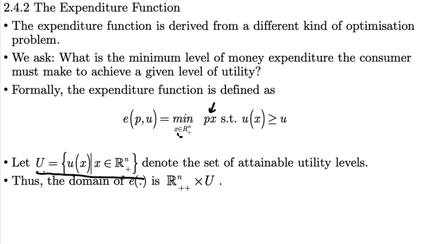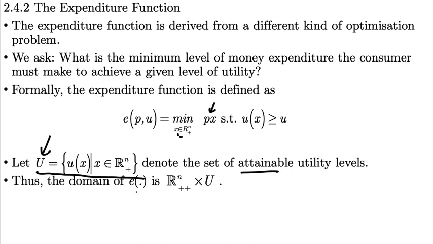This says that capital U is a set of many attainable utility levels, and it consists of utility levels of bundle X such that X is a non-negative real number in the n dimension of goods or commodities. So this is the set of utility levels which is attainable, meaning you can get it within the budget constraint.